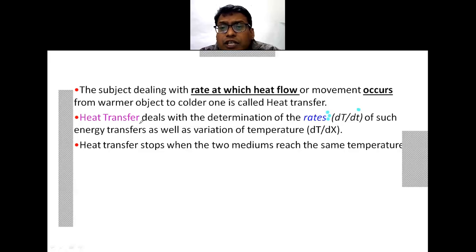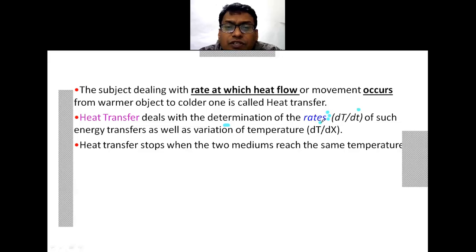Heat transfer deals with the determination of the rates, that is dT/dt, the change in temperature with respect to time. Not only that, but the variation of temperature with respect to distance is also studied. That is the change in temperature with respect to direction. It can be x direction, y direction, or z direction.